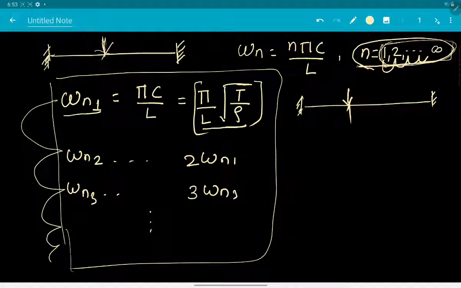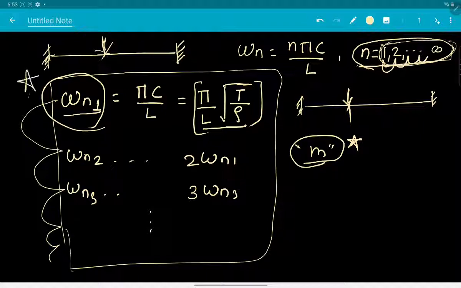If you do so, a few natural modes will be excited. Let's say the first m natural modes are excited, and all those m natural modes are integer multiples of this fundamental natural frequency, omega n1.